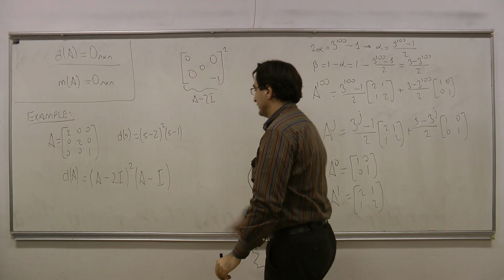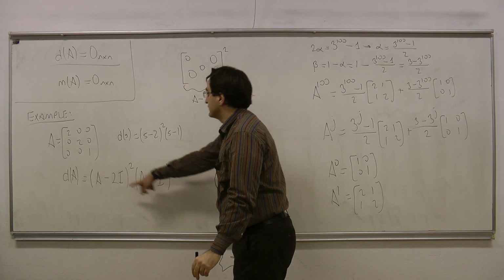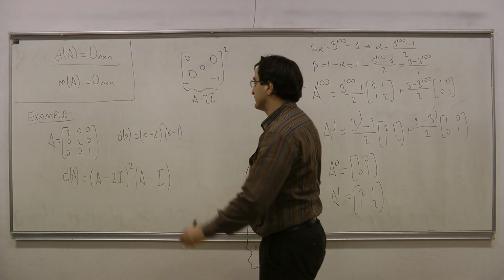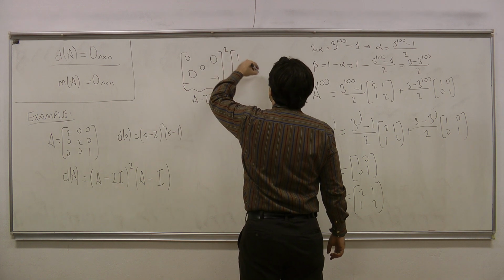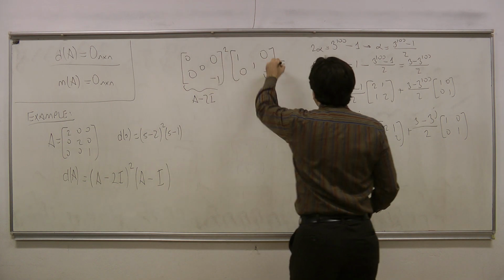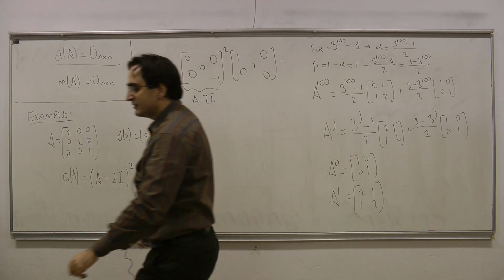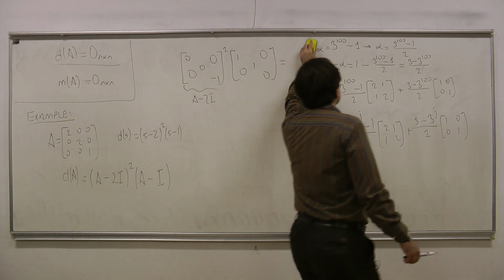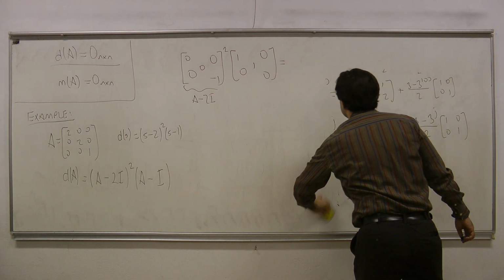And A minus identity means subtracting 1 from the diagonals. Then I would have 1, 1, 0 here, zeros everywhere else. So the Cayley-Hamilton theorem tells us that this multiplication should be equal to 0.